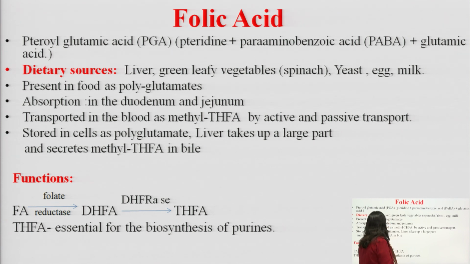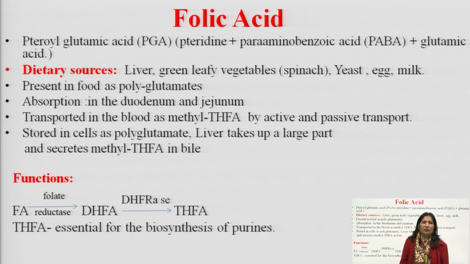Folic acid is pteroylglutamic acid. It is pteridine along with para-aminobenzoic acid, PABA, and glutamic acid.